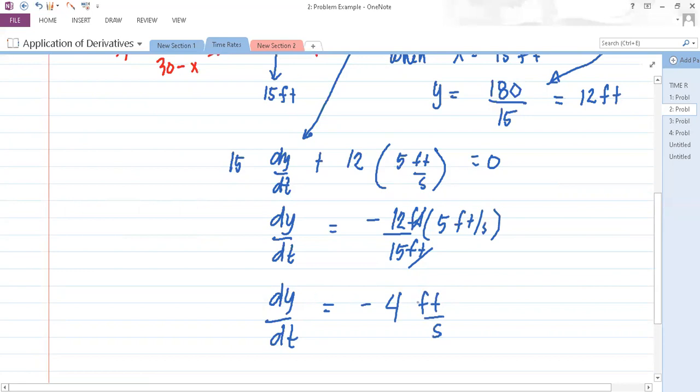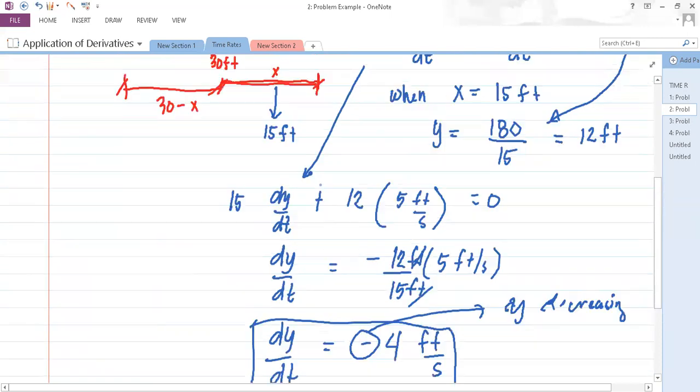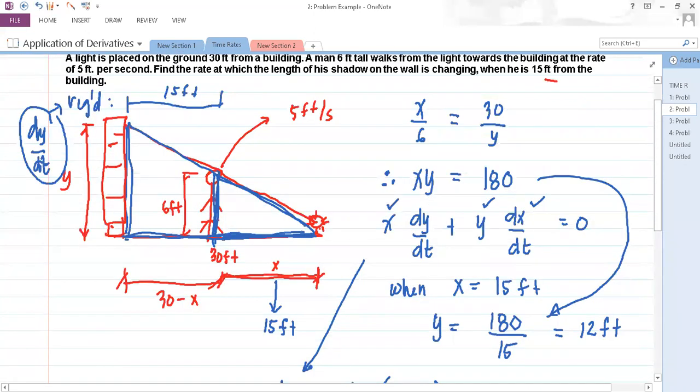So this negative sign indicates that our y is decreasing. Habang papalapit ng papalapit yung tao doon sa building, lumiliit yung length ng shadow dito sa building, kaya nagdi-decrease.